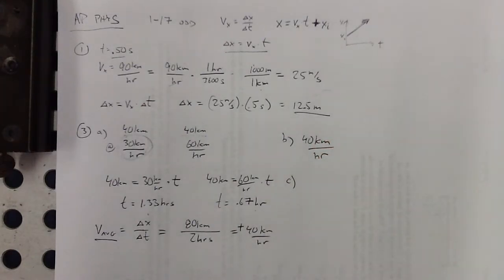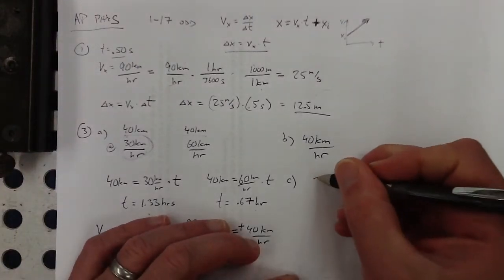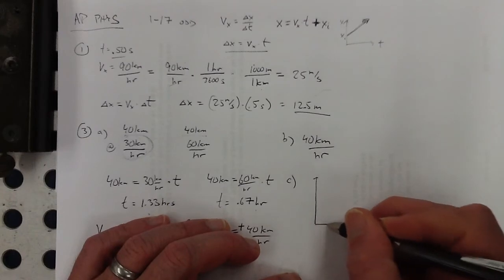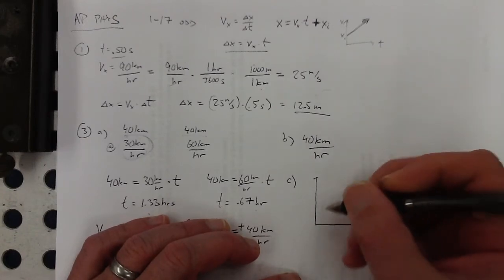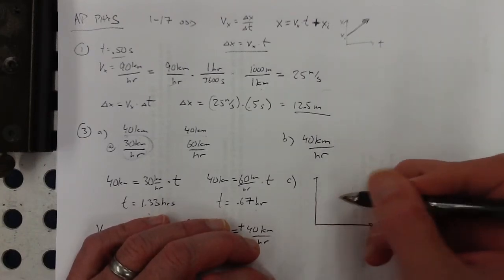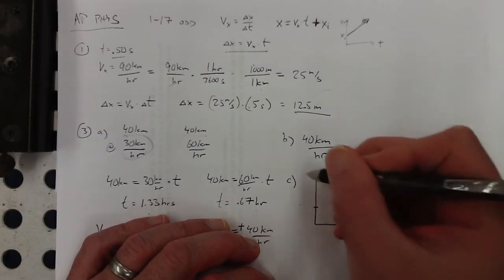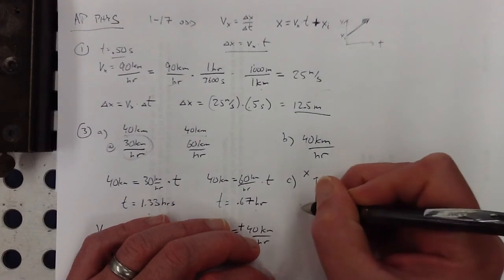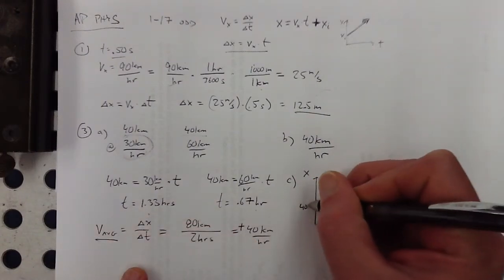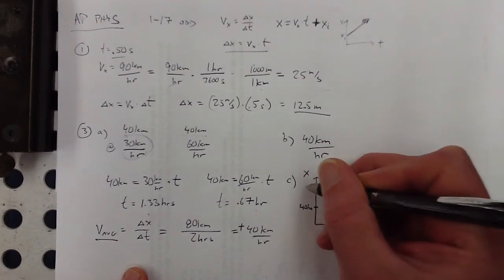Part C, graph x versus t, and show how average velocity is found. So different ways we could do this. Here's one way. If this is position and time, so if that's 40 kilometers and then this is 80, that's the whole trip, right?